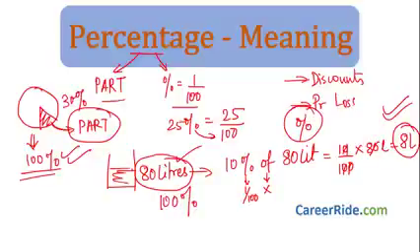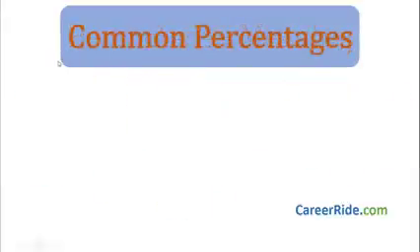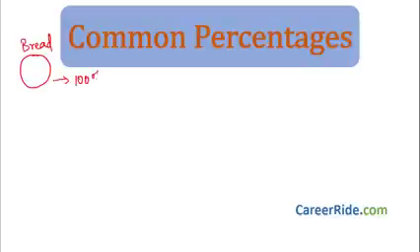Now let's see what are some of the common percentages that we see and what they are called. Let us say this is a piece of bread. This is an entire bread. What do we call this whole thing? This is nothing but 100% that we have seen. This is whole, one, that is one entire bread.